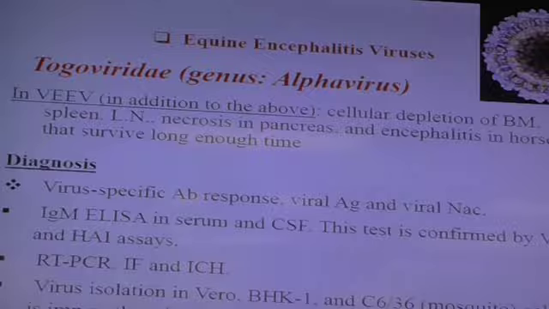Because the antibodies are present not only in the blood circulation but also in the cerebrospinal fluid, one can take the cerebrospinal fluid and look for antibodies against this particular virus. Because this is an RNA virus, other techniques are RT-PCR, immunofluorescence, or immunohistochemistry, all of them in this case looking for the presence of a virus or a viral antigen.